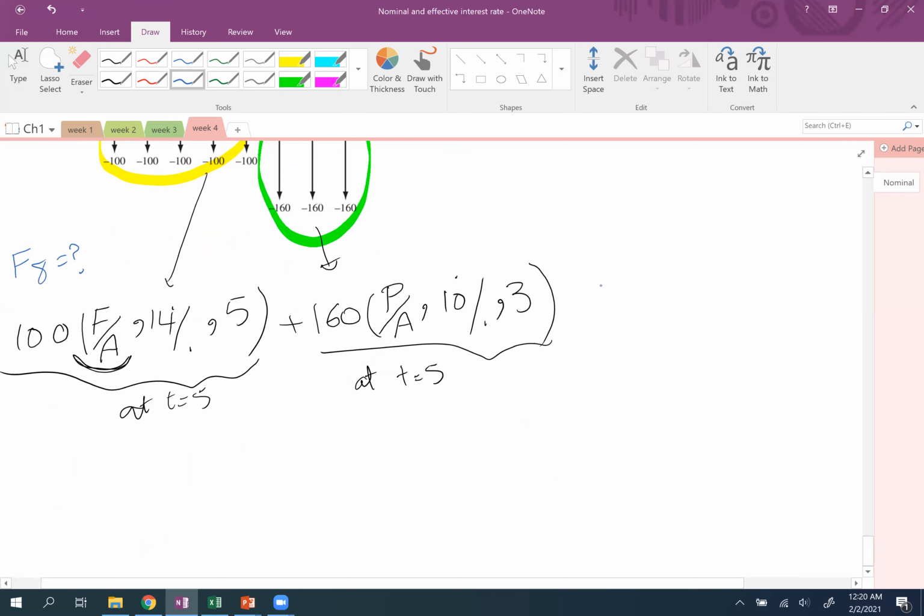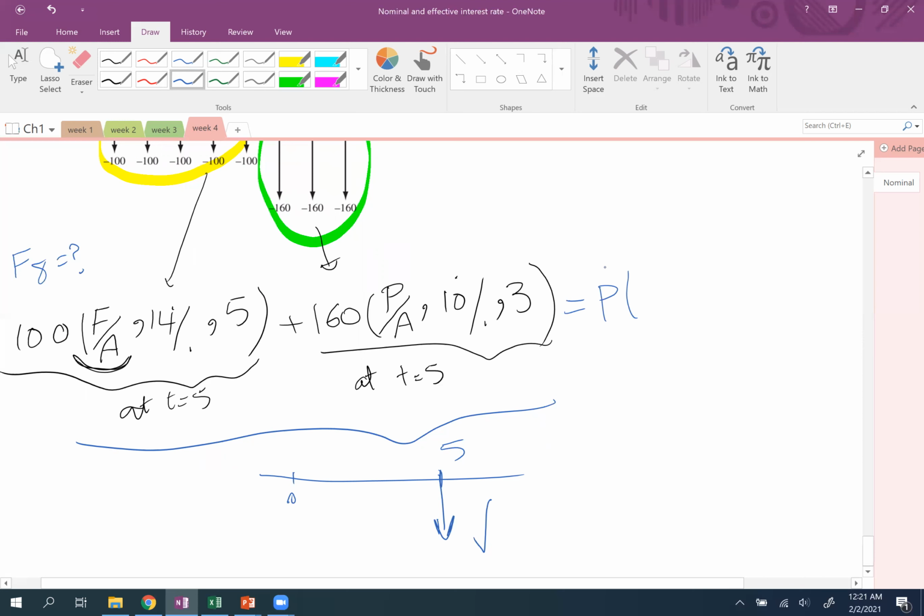Right now I'm at time 5 and I do have this value. I want to shift it to time equal to 0. So do you agree that I'm trying to find present worth for this?